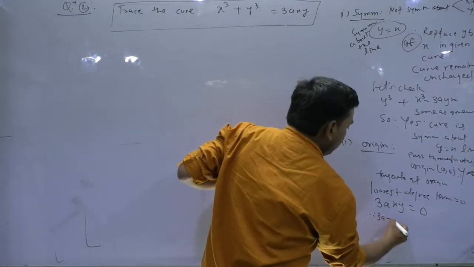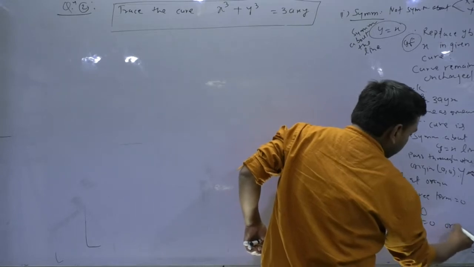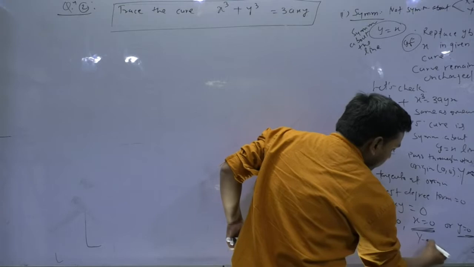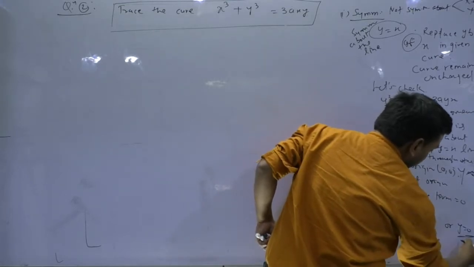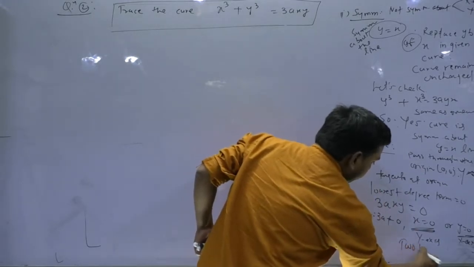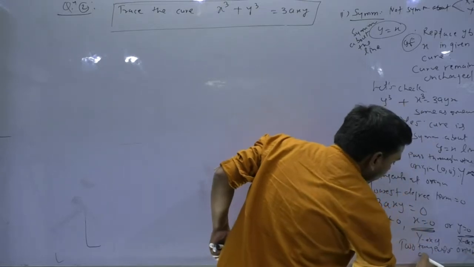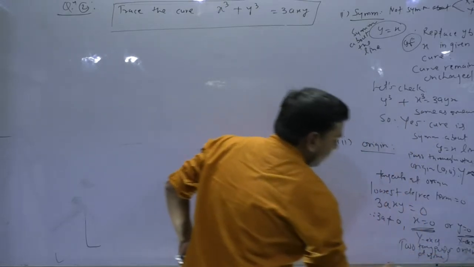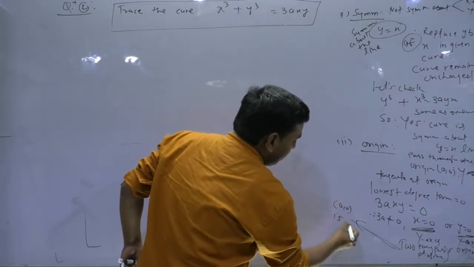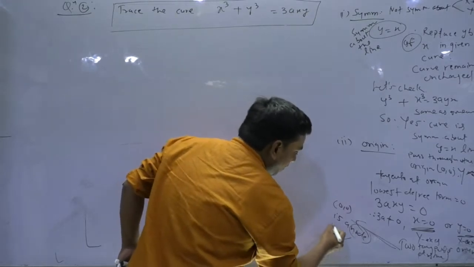Since 3a is non-zero, what can happen? Either x equals 0 or y equals 0. x equals 0 means the y-axis, y equals 0 means the x-axis. So how many tangents did we get? Two tangents at origin, and they are distinct. So what did I say? This implies (0,0) is a node. What, children? A node.